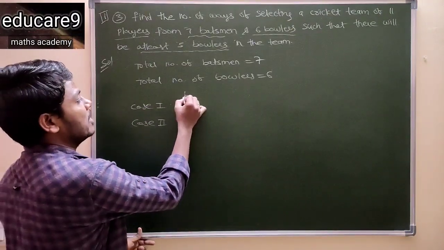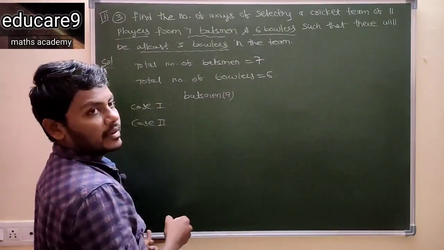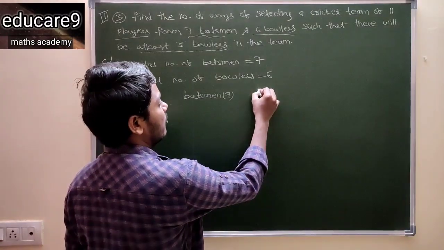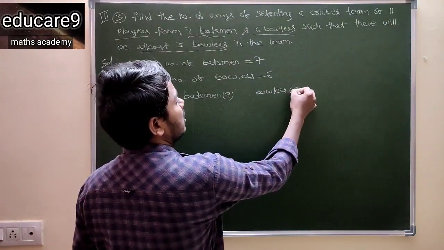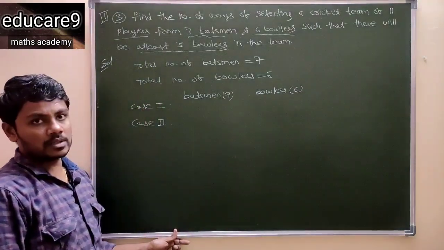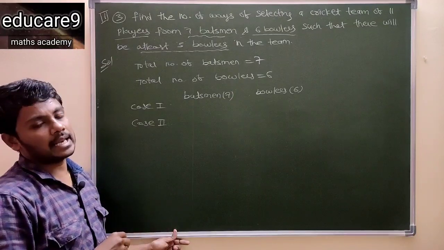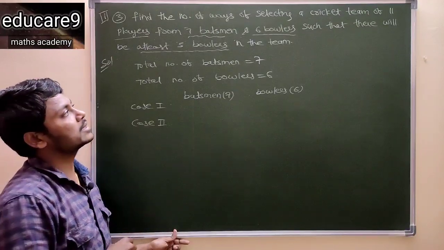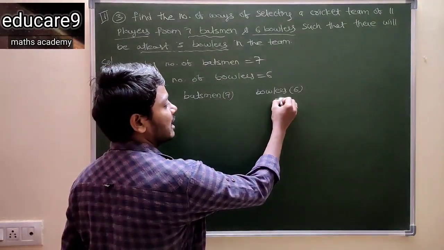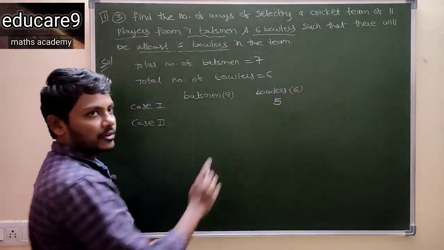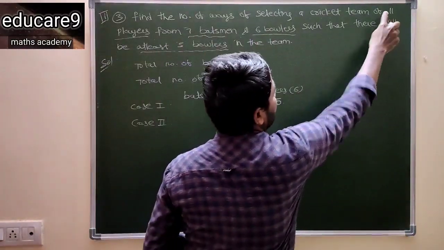So total number of batsmen 7 and total number of bowlers, how many bowlers? 6. So here in every selection of 11 players there is at least 5 bowlers. So you need to select 5 bowlers out of 6. See here total number of players are 11.